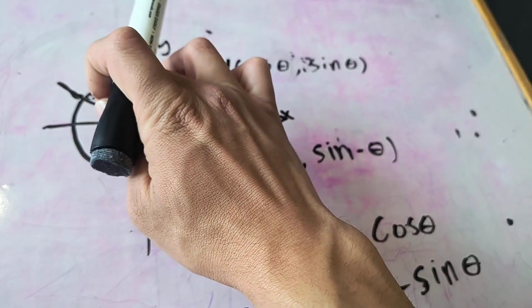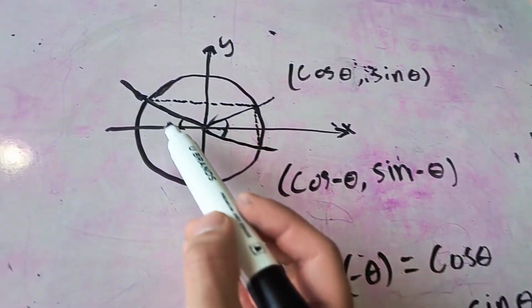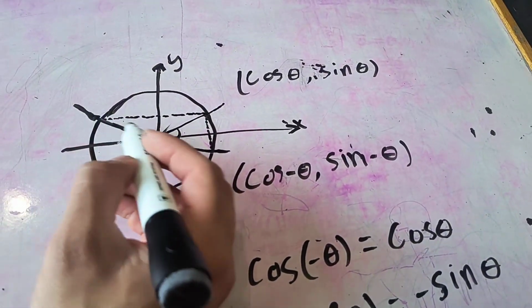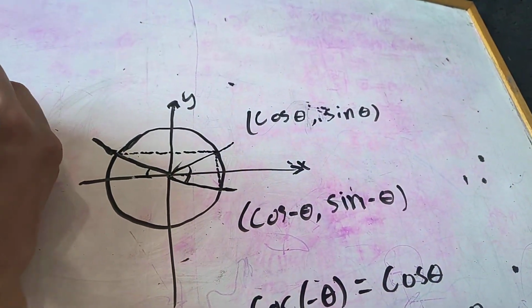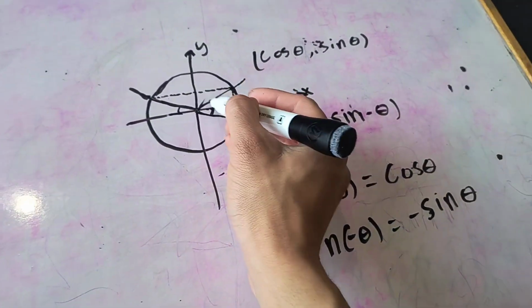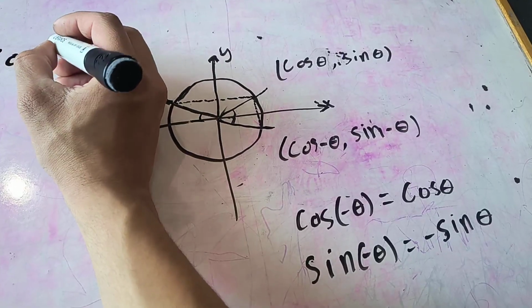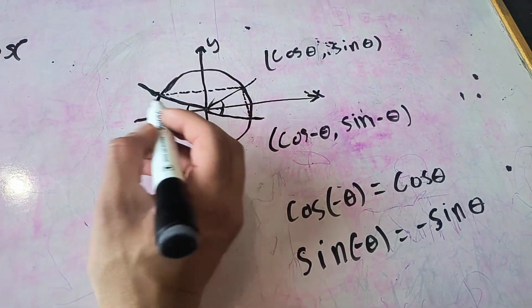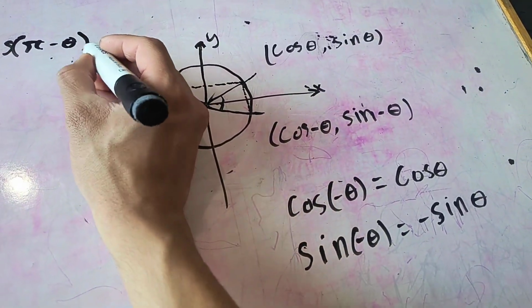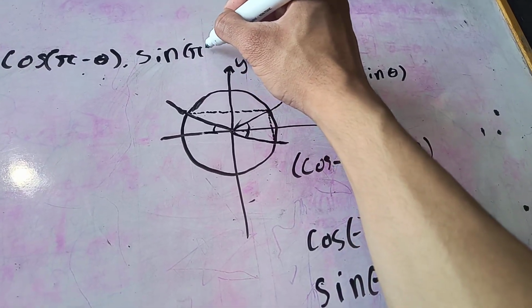Well, no, actually, we're not looking for the sine of this theta right here. We're looking for this in relation to this. Since this angle is equal to this angle, and this is 180 degrees, the cosine and sine for this are going to be cosine of pi minus theta, comma, sine of pi minus theta.